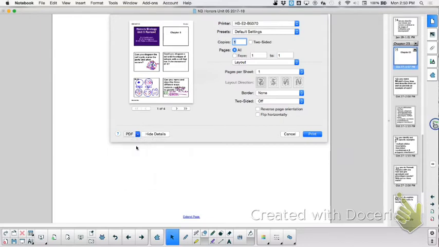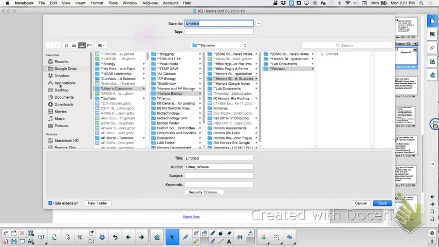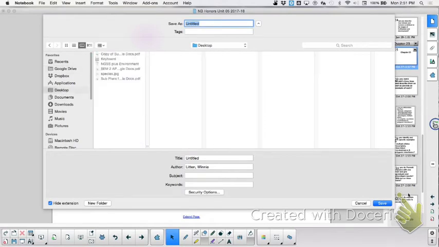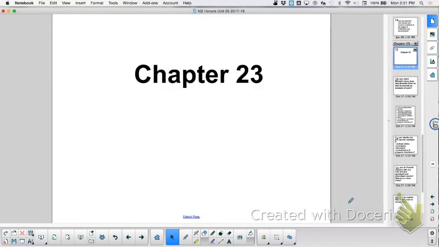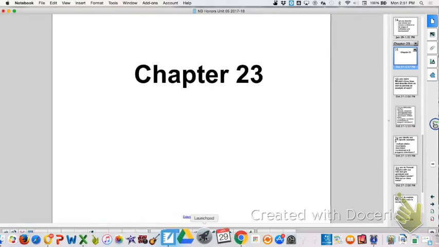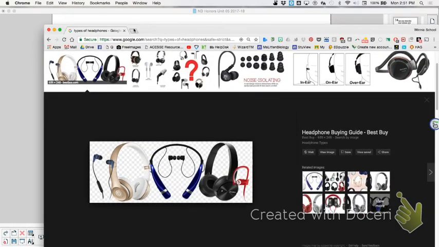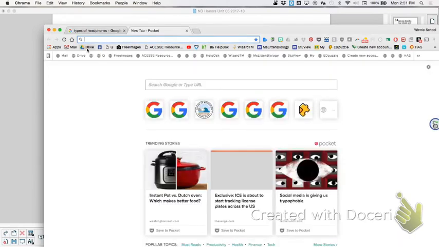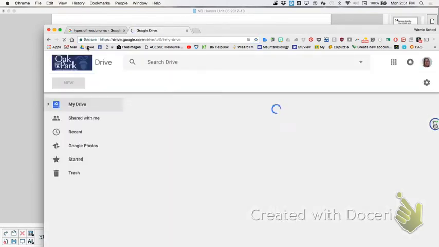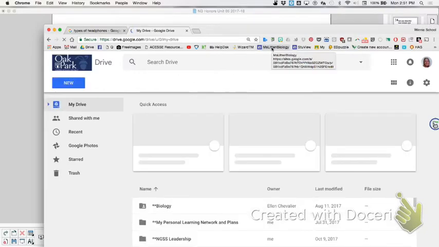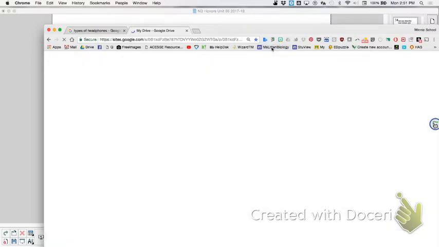Save as PDF on my desktop then. Save. Okay, sorry, delay of game because you can't find this. Make sure I'm going to the right folder.